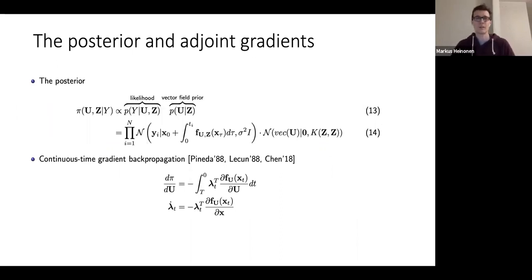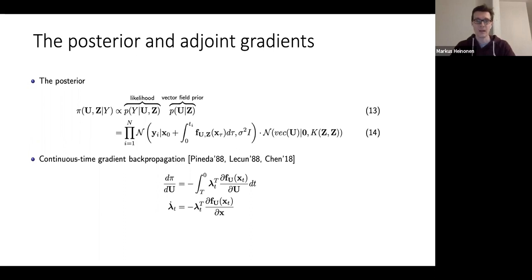We are interested in the posterior of the inducing arrows U at locations Z, given the data, which we transform using the Bayes rule into likelihood and prior. The prior is the vector field prior, which is a Gaussian process, so this is the Gaussian prior on the inducing arrows U. And then the likelihood is the difficult part.